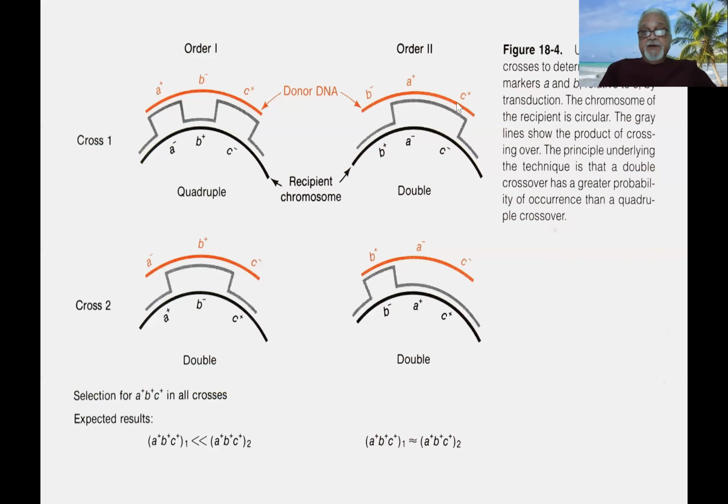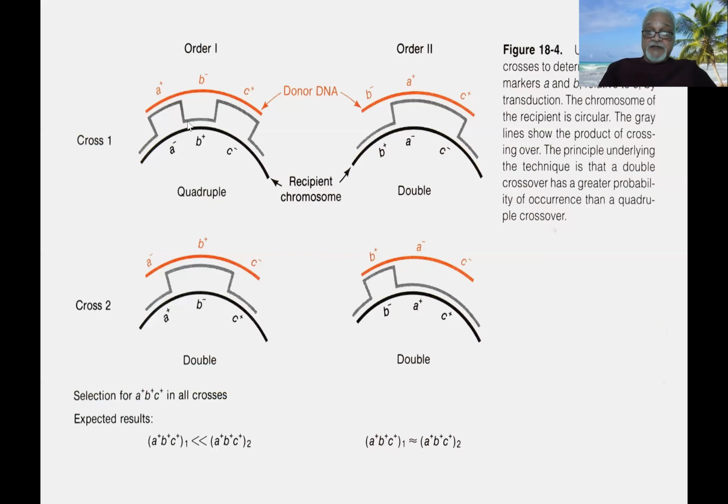B plus, A plus, C plus: one here, one here. Similarly, B plus, B minus, B plus, A minus, C minus, and this is A plus, C plus. So this is double crossover. To get A plus, B plus, C plus here, and even here, you just need 2 crossovers. But in this case, you need 4 crossovers.